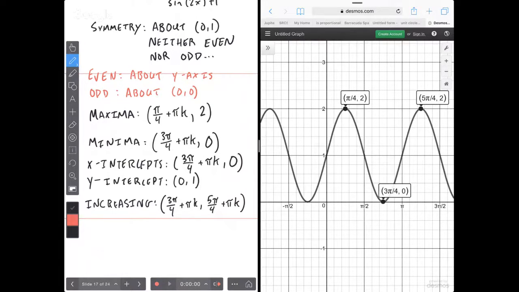I'd be happy to, Emily. And it's decreasing from pi over 4 plus pi k to 3 pi over 4 plus pi k.